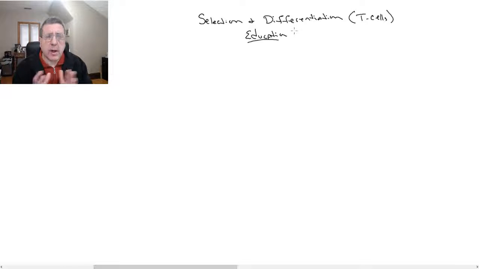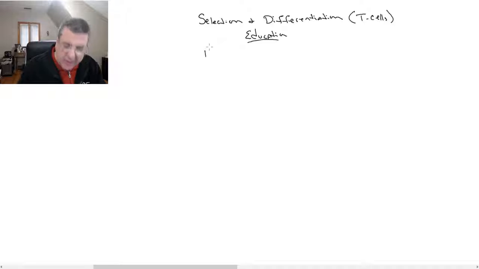When we're looking at both B cells and T cells, for that matter, they both originate in the bone marrow. And at this point, they pick a receptor. So your first step, and this part is a little bit of review of what we did, step one is pick a receptor.